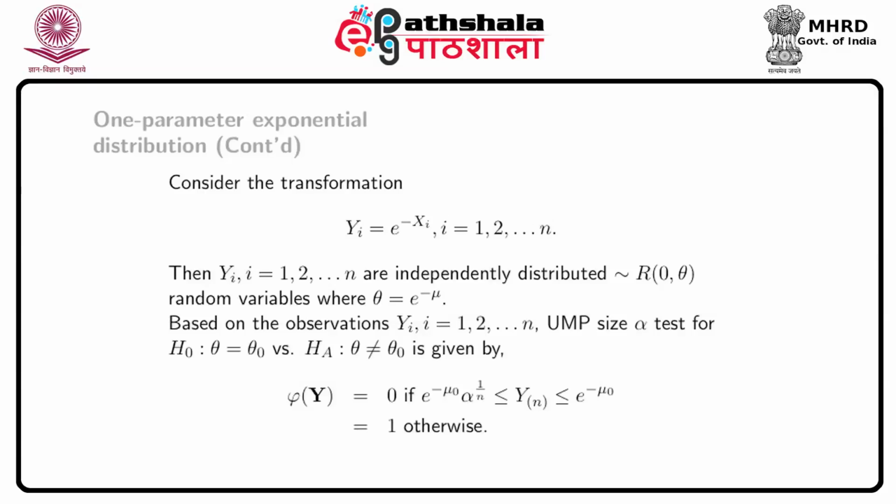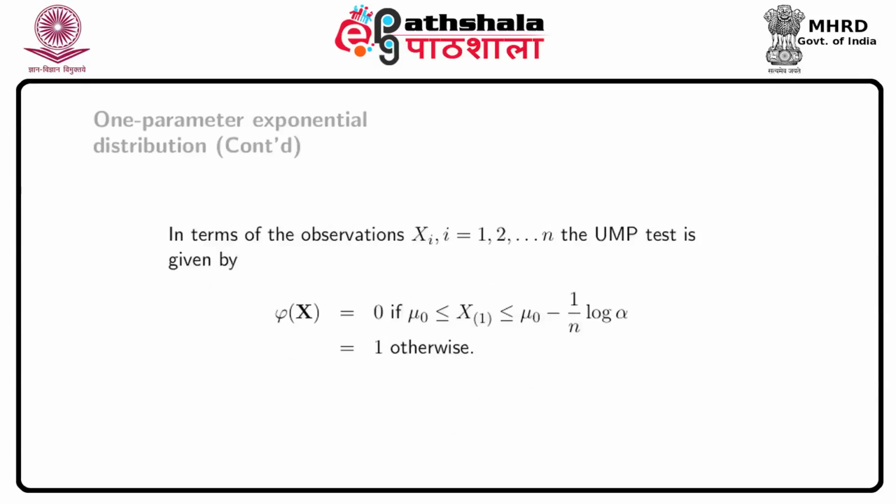Based on the observations yi, i from 1 to n, the UMP size alpha test for H0: theta = theta0 versus HA: theta not equal to theta0 is given by phi(y) = 0 if e to the power minus mu0 times alpha to the power 1/n is less than or equal to y(n) less than or equal to e to the power minus mu0, and 1 otherwise. In terms of the observations xi, i from 1 to n, the UMP test is given by phi(x) = 0 if mu0 is less than or equal to x(1) less than or equal to mu0 minus (1/n) log alpha, and 1 otherwise.